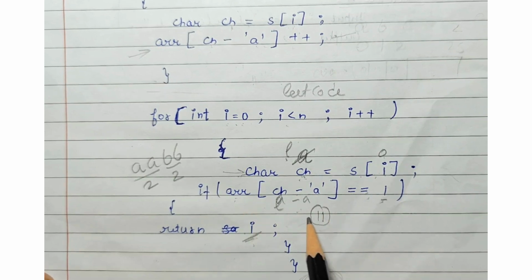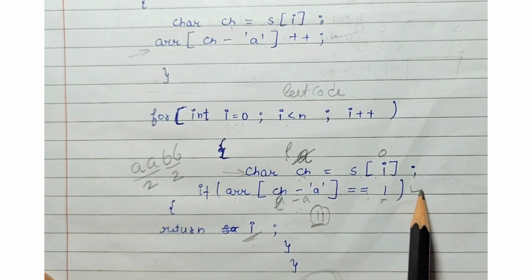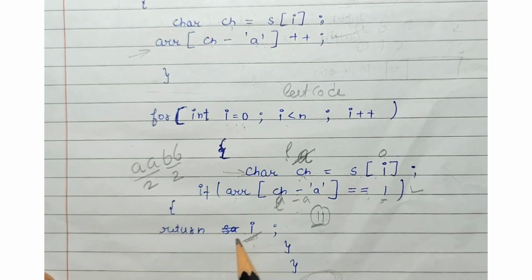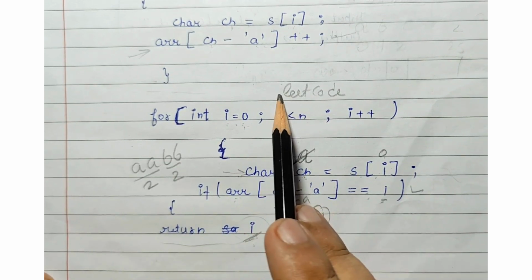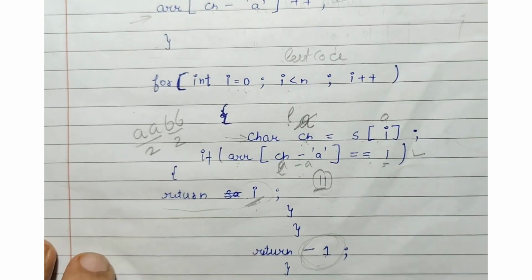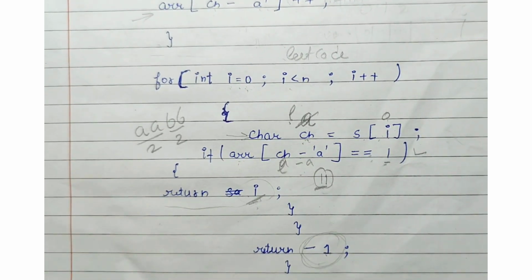So we fetch the frequency at the 11th index. If 1 is there at the 11th index, then this condition is true and it will return the value of I. So what is the value of I returned? In this case it returns 0, because the first character has frequency 1. I hope all of you are clear about this.